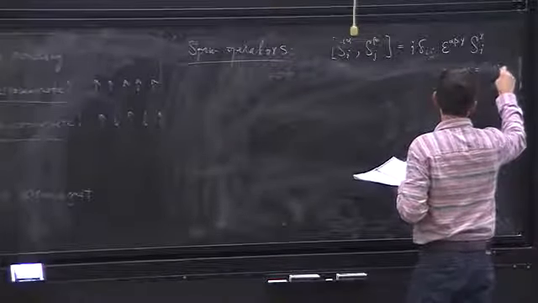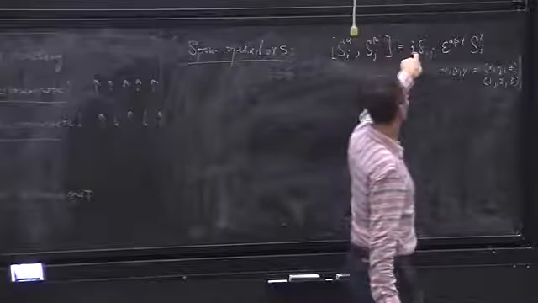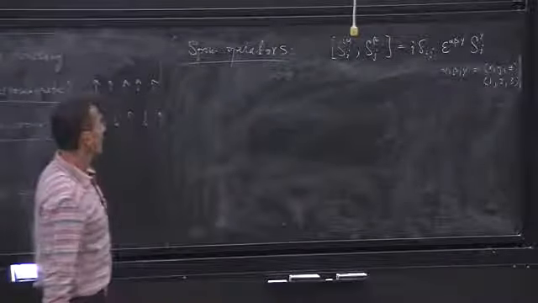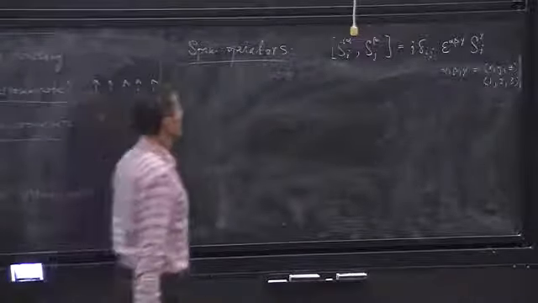So for instance, [Sx, Sy] gives you i Sz, and vice versa. The delta_ij tells you that if the two spins refer to different sites, then the right-hand side is just 0.